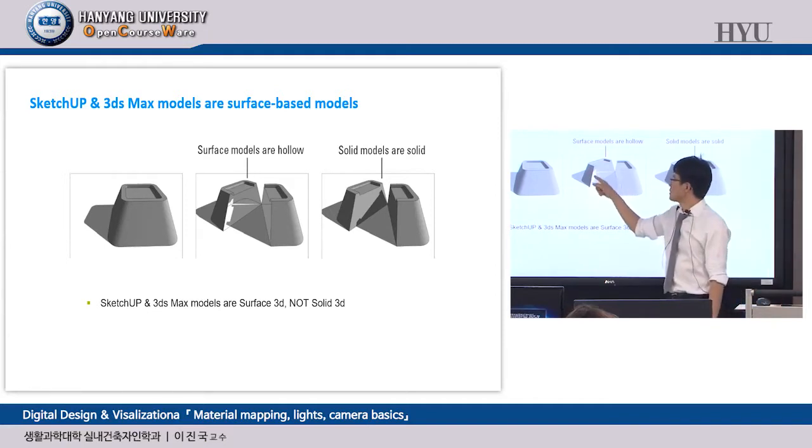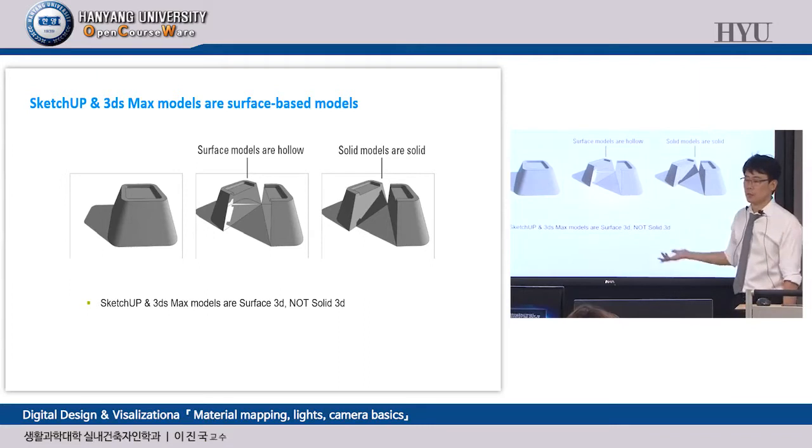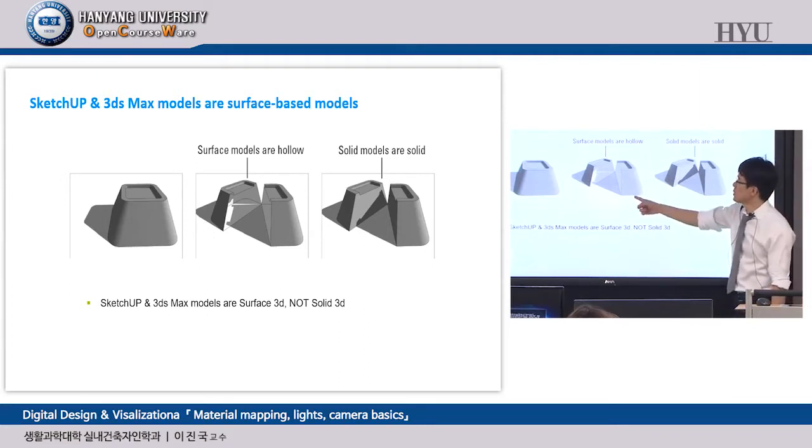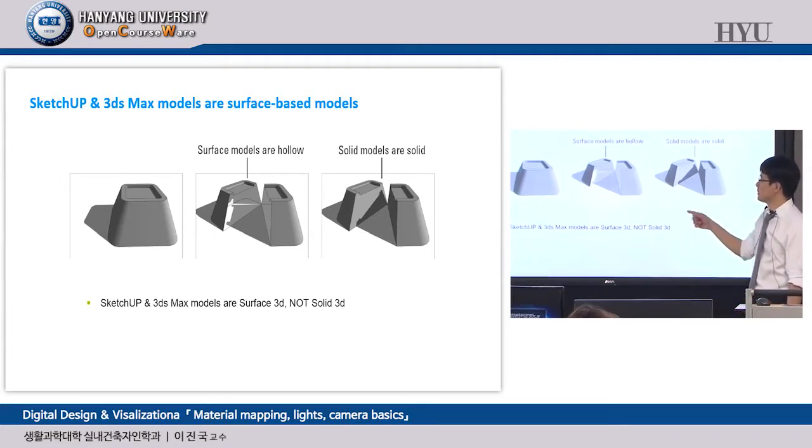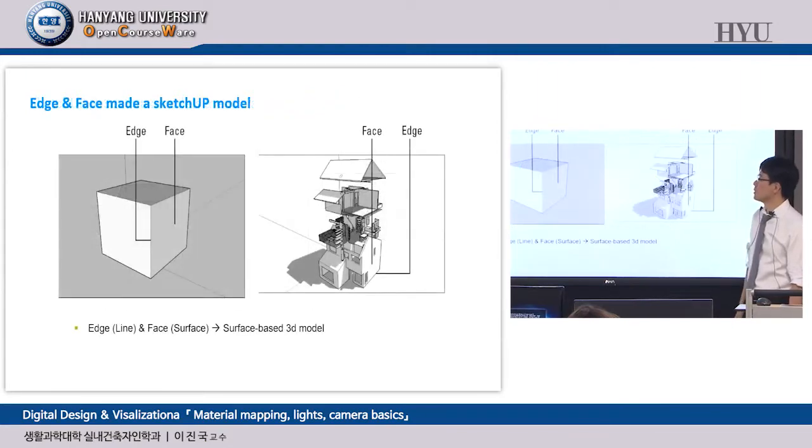But in this case, thickness is 0. That's the surface. Thickness 0 doesn't make sense in the real world. Okay, it's a mathematical concept, a scientific definition, not real. So that's surface-based 3D and the difference from solid-based 3D.